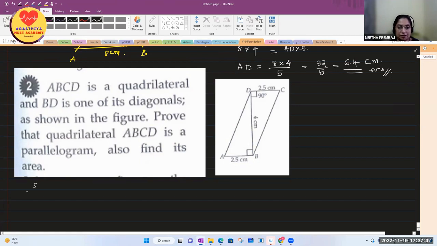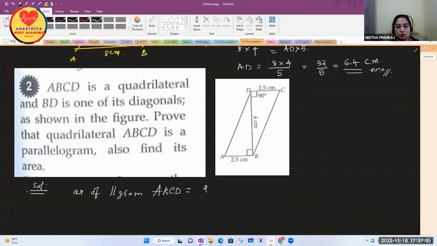Solution. Area of parallelogram ABCD is equal to 2 times area of triangle BCD. This is a concept, you just apply the concept.